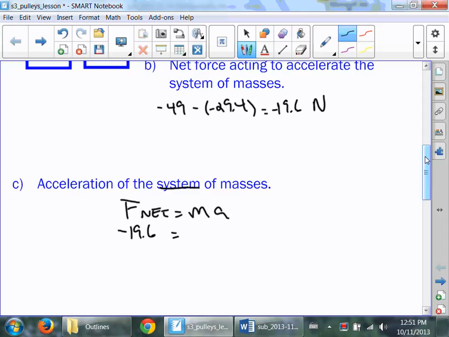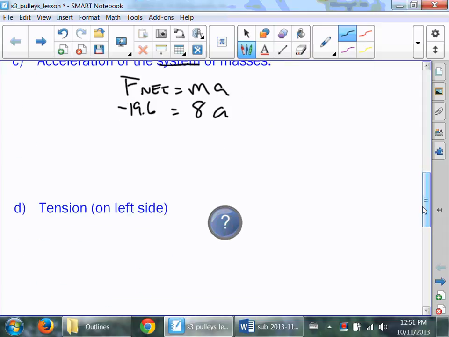We know the total mass is 8 kilograms, that's the sum of the masses. So we're solving for A. What's negative 19.6 divided by 8? Well, it's negative 2.45 meters per second squared. Okay?